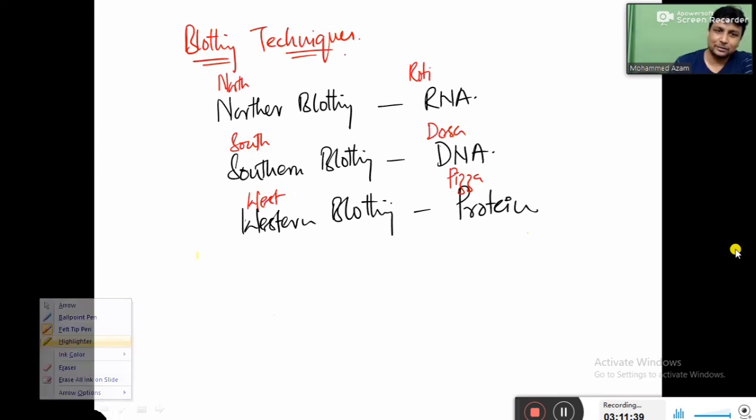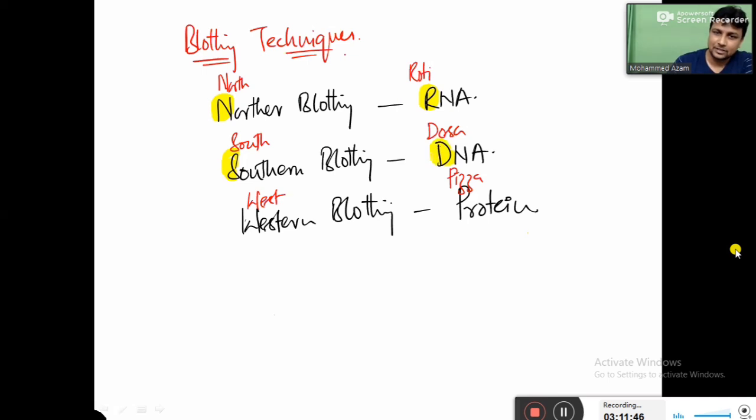So therefore remember, northern blotting is for RNA, southern blotting will be for DNA, and then western blotting technique is used for the proteins. That's all. If you remember this much information, that will be done about molecular biology. Molecular biology हो गया इसका. Is it okay? Done?